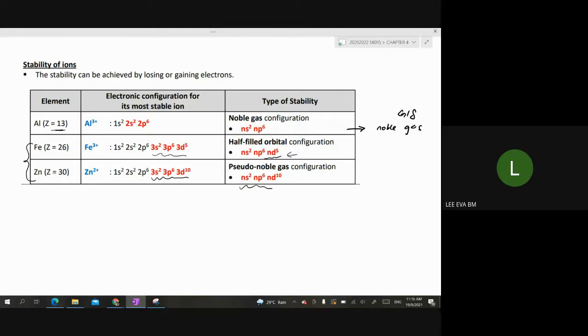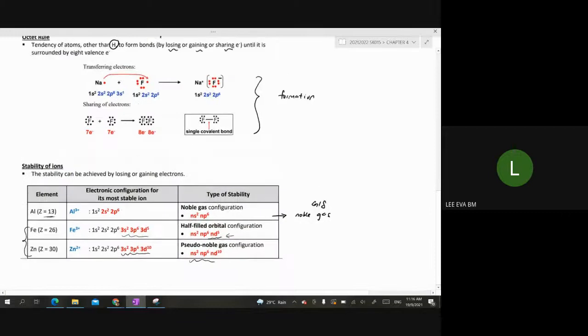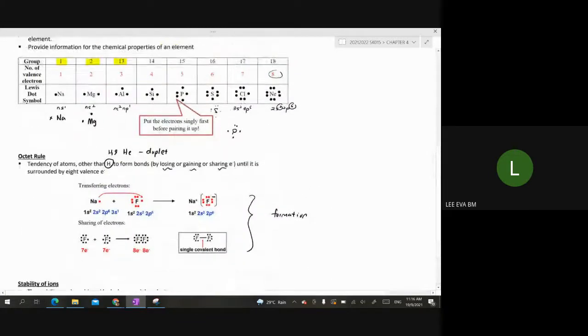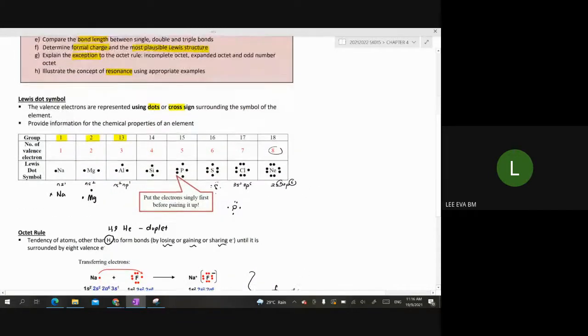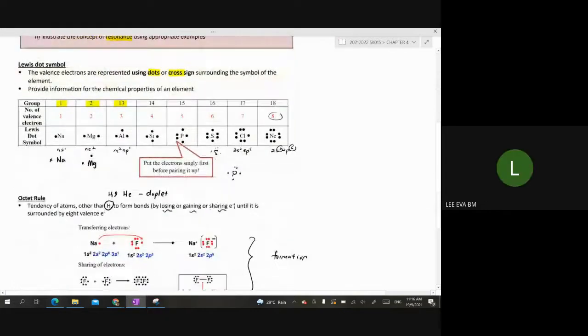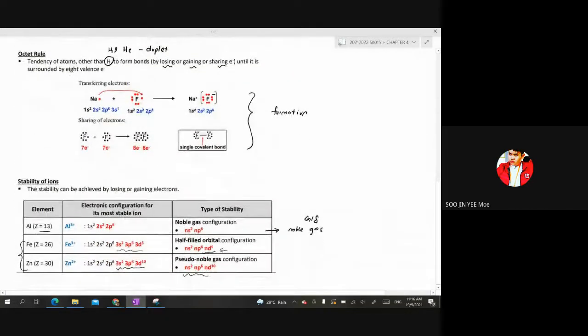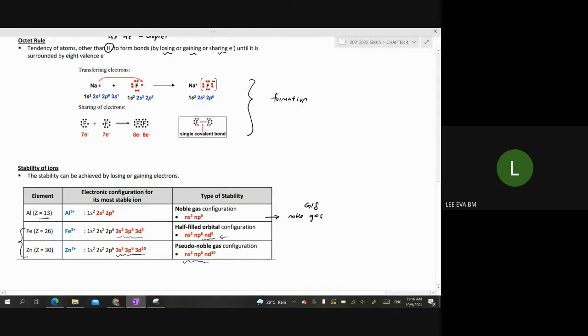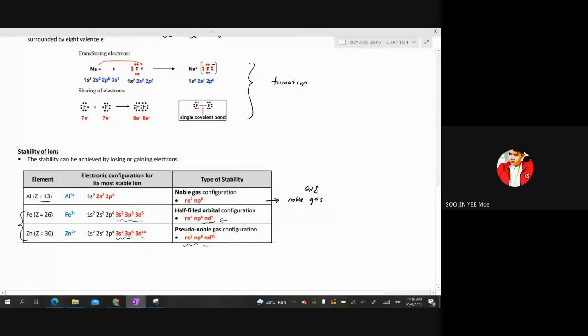For the starting introduction, any question before Madam proceeds? Madam, can we compare the stability of ions with different electronic configurations? That means comparing between these three types. You don't have to, because they are all stable.